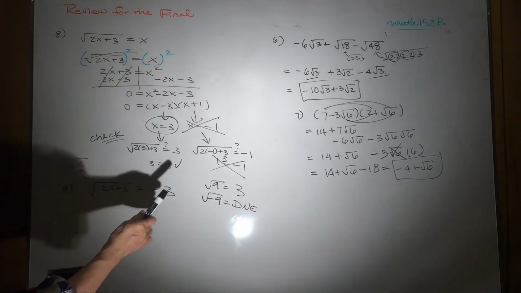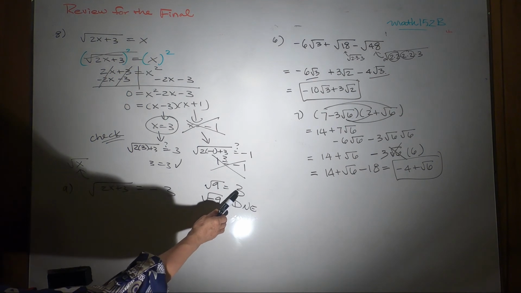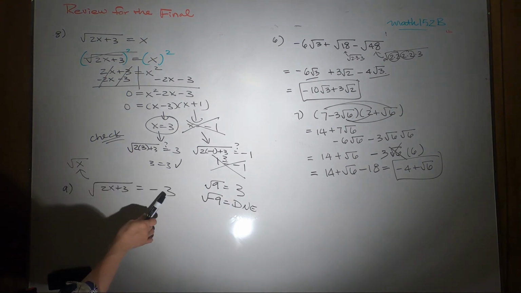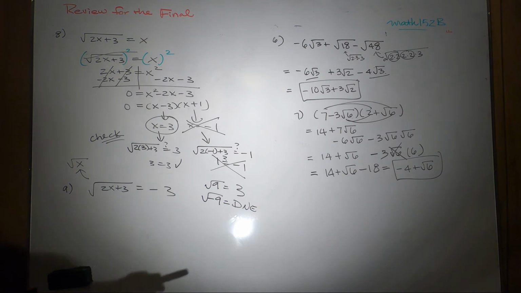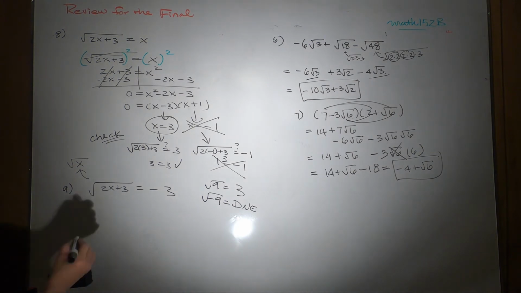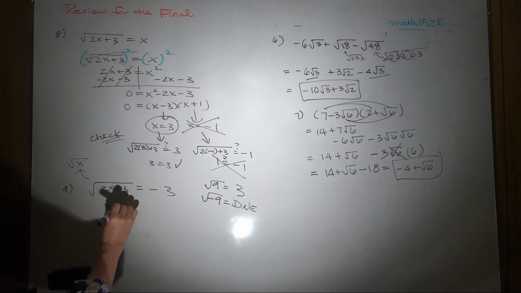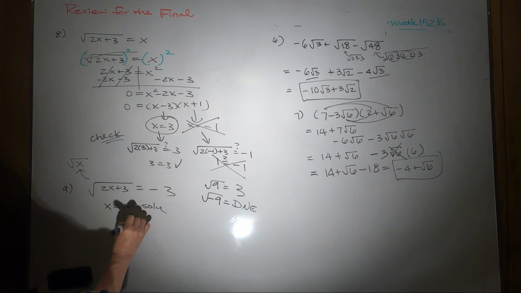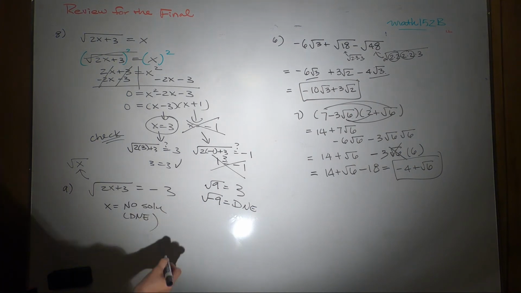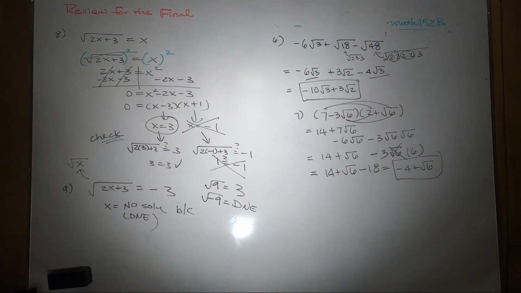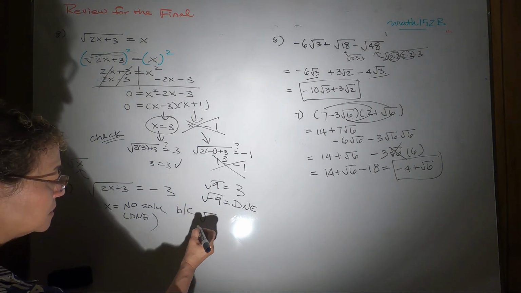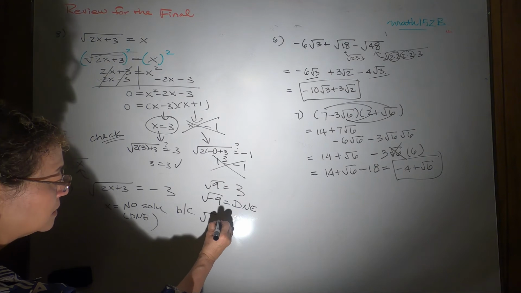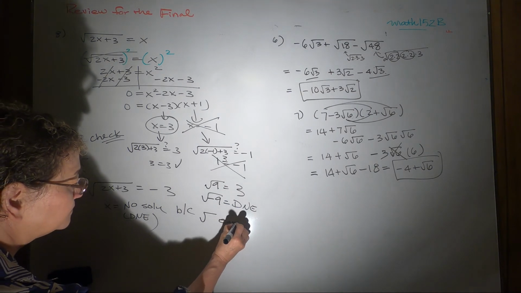Regardless of whatever is inside, you either have a positive number because that's a principal root, or it doesn't exist. It can never be a negative number. So we don't have to do it. You can just say, okay, no solution, but you better say the reason for it, because a square root of a number cannot be what?